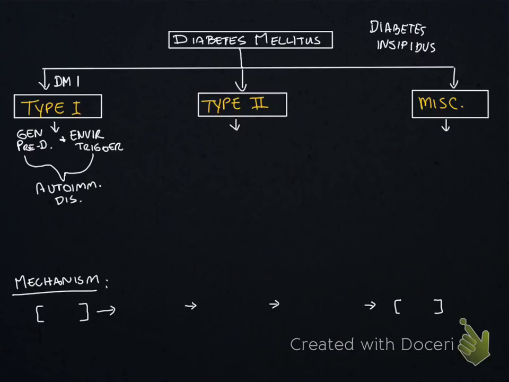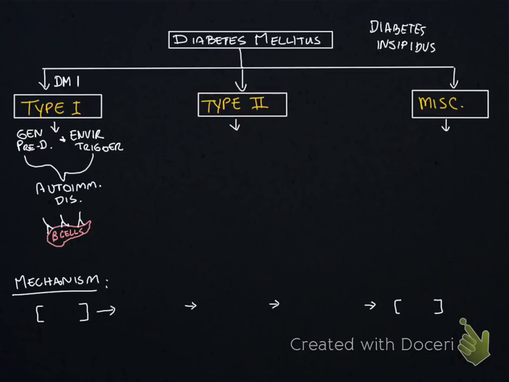Okay? Like, this is your pancreas, and the beta cells of your pancreas, which are the ones that make insulin, remember, are being attacked. You make antibodies against your beta cells, and eventually your beta cells no longer work, so you're not making insulin. They call this insulin deficiency.